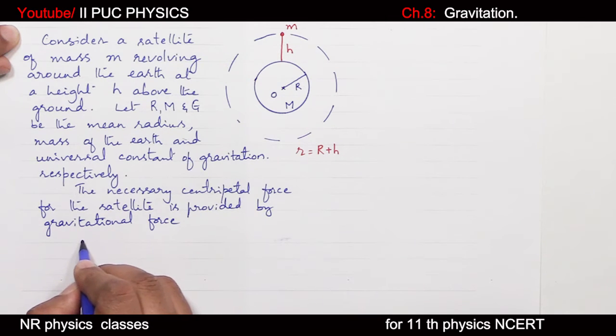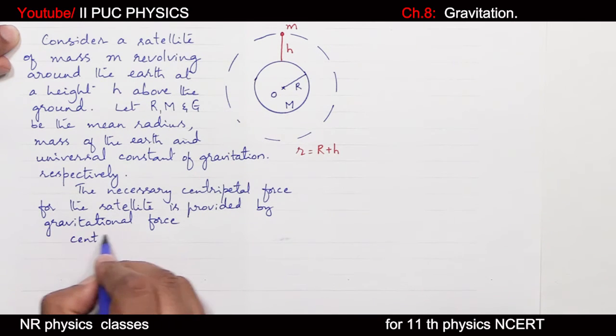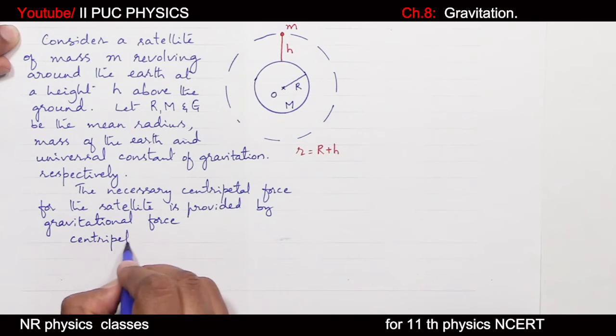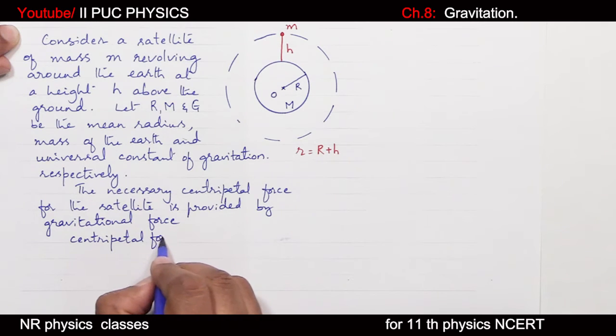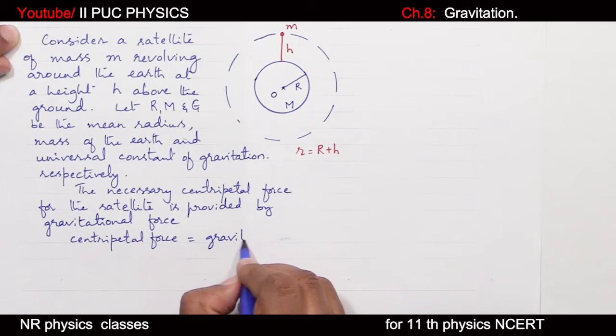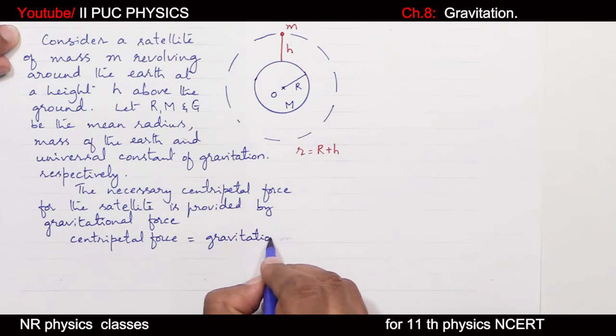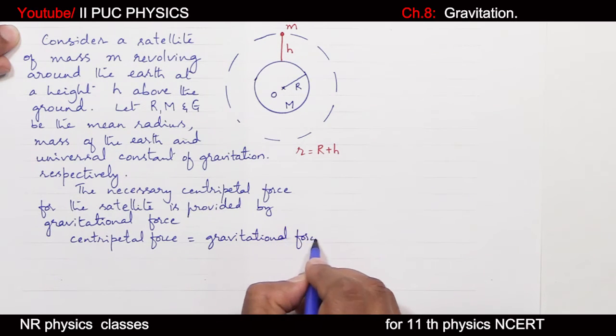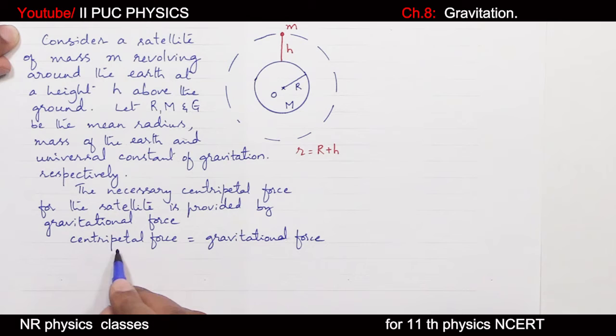Therefore, centripetal force equal to gravitational force, isn't it? Students, what is the expression for centripetal force? Isn't it mv square by r, where r is the radius of the circular orbit.